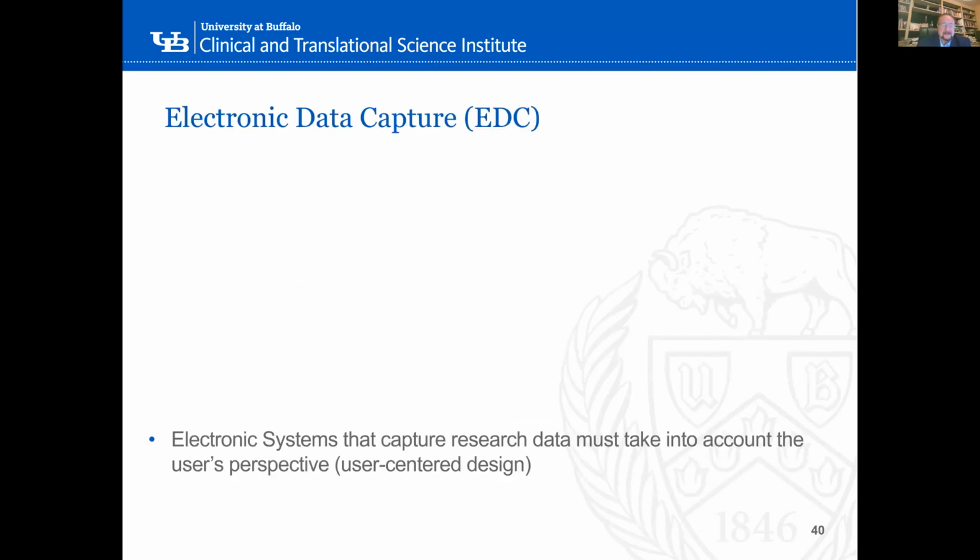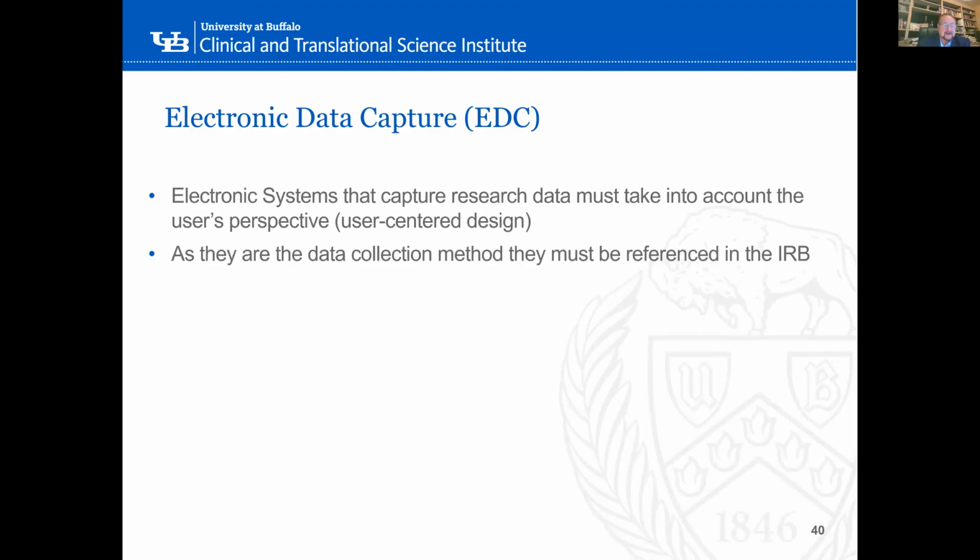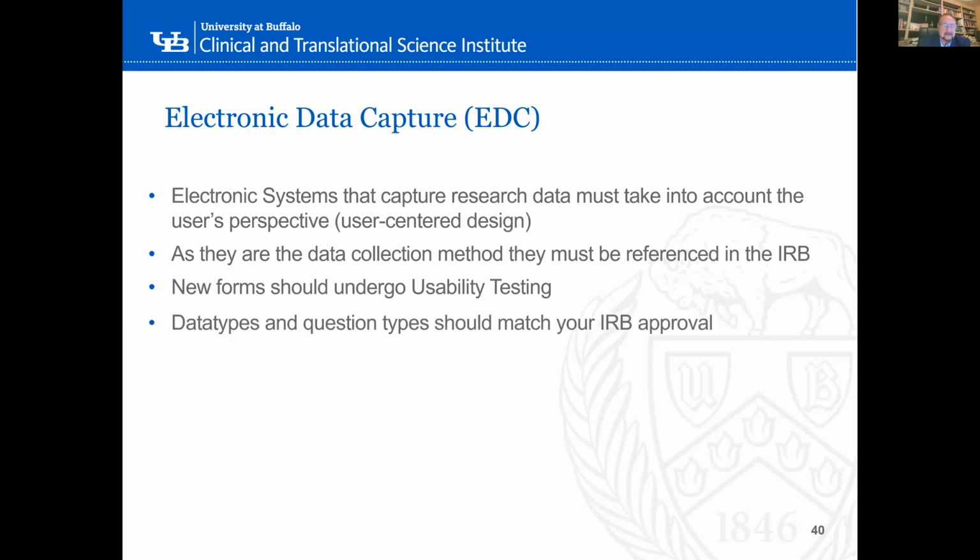So let's talk about electronic data capture for a minute. Electronic systems that capture data related to the study must take into account the user's perspective, and we must use user-centered design. If they are collecting data, the data collection method must be referenced in the IRB and approved. New forms should undergo usability testing.